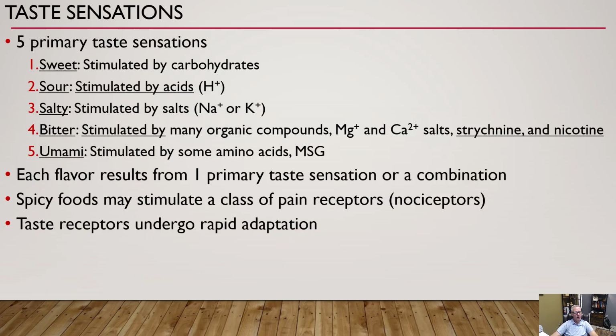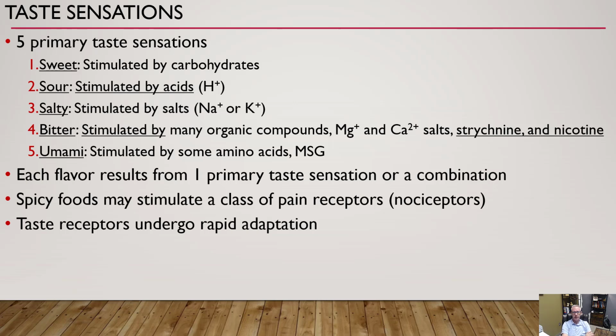We actually have 5 taste sensations: sweet, sour, salty, bitter, and umami. Sweet is stimulated by carbohydrates. If you remember, carbohydrates get processed down into glucose, so that's why we taste sweet.